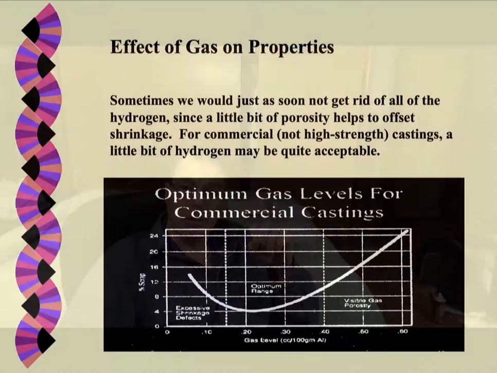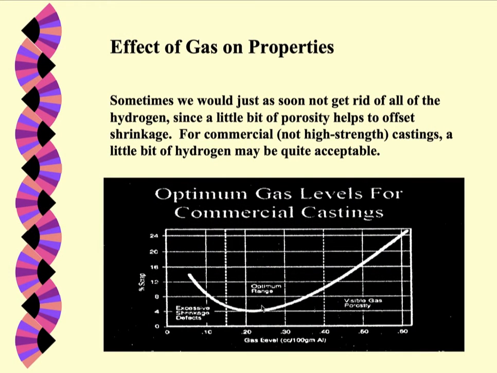So you might have some porosity in the center of this casting, but if your customer doesn't care or doesn't ask, then you don't care so much. But you do want to make sure you have that porosity in the casting, because it can offset shrinkage.